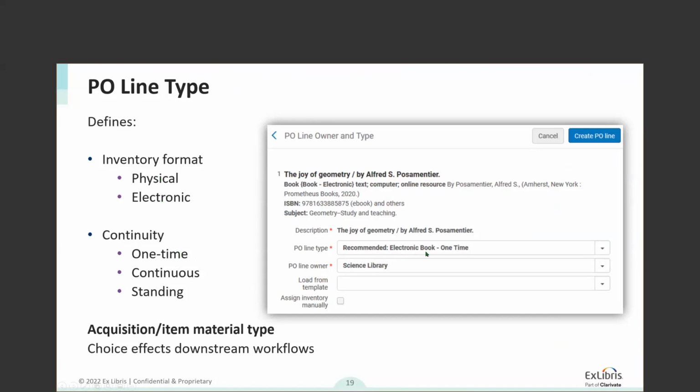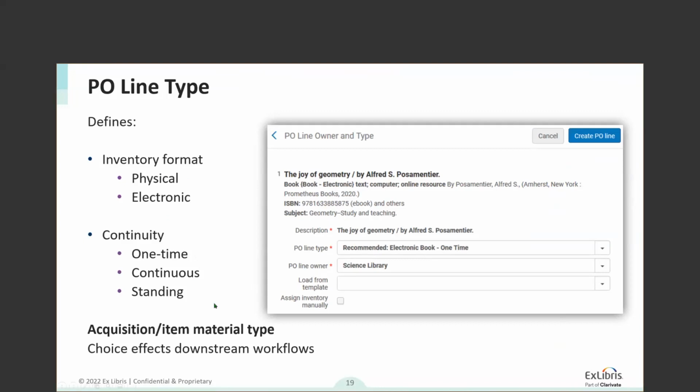Now the list of PO line types is a lot longer, and you can pare that list down. That is something that you can look at, see the list, see if you want to use those. And I have a link to exactly where in the documentation you can do that, where you can see the steps.